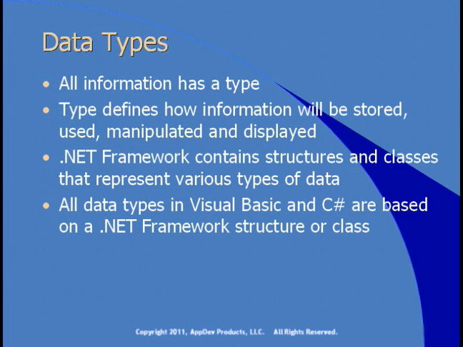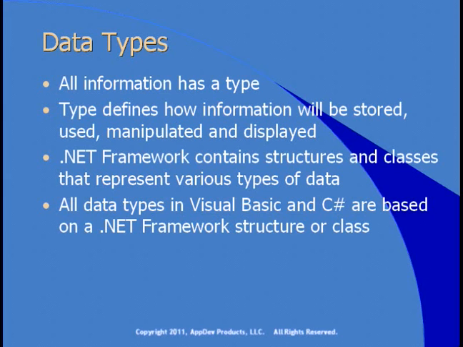And then all of the data types in both Visual Basic and C# are based on a .NET framework structure or class. And this winds up being one of the benefits of the .NET framework, is that data types are constant and the same across languages. In the old days, a data type in Visual Basic wasn't the same as a data type in C++, for example, and so it was hard to share data across multiple languages.